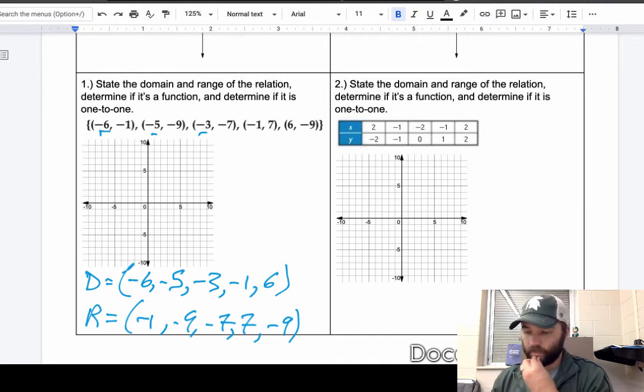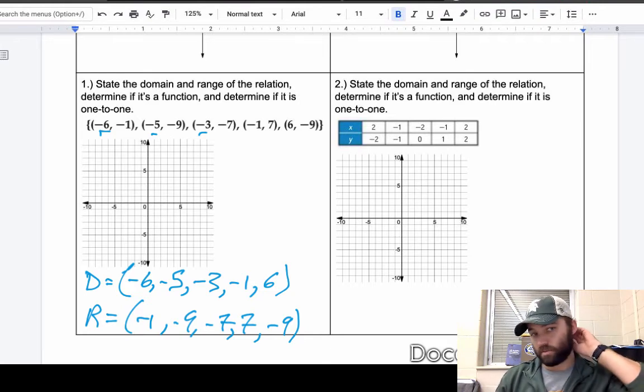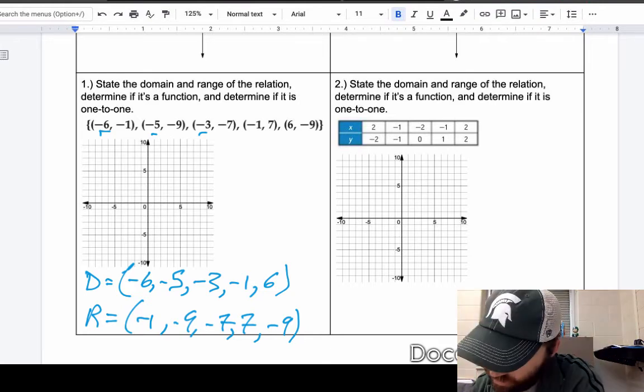Okay, now you want to quickly figure out if this is a function or not. The quickest way is just to look at the points and identify whether there's an x value that goes to 2 different y values. Then it would fail the vertical line test. Another way to do this, though, is just to plot the points. So you can plot -6, -1.